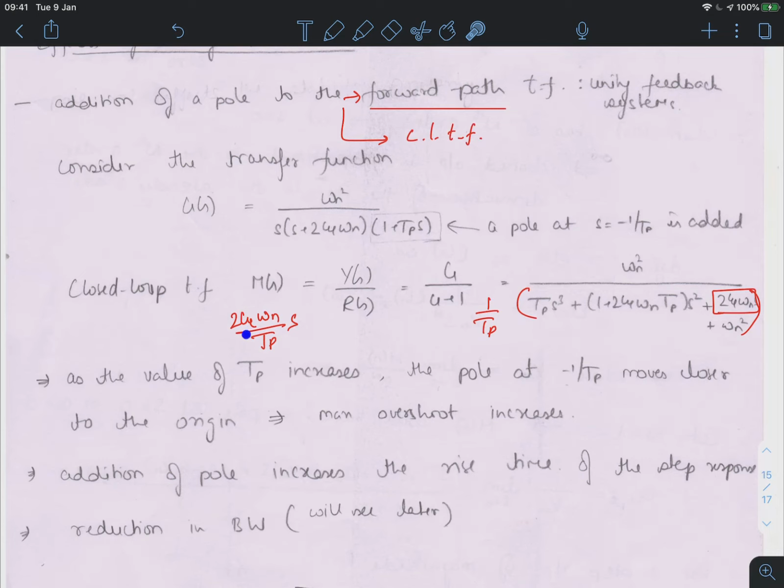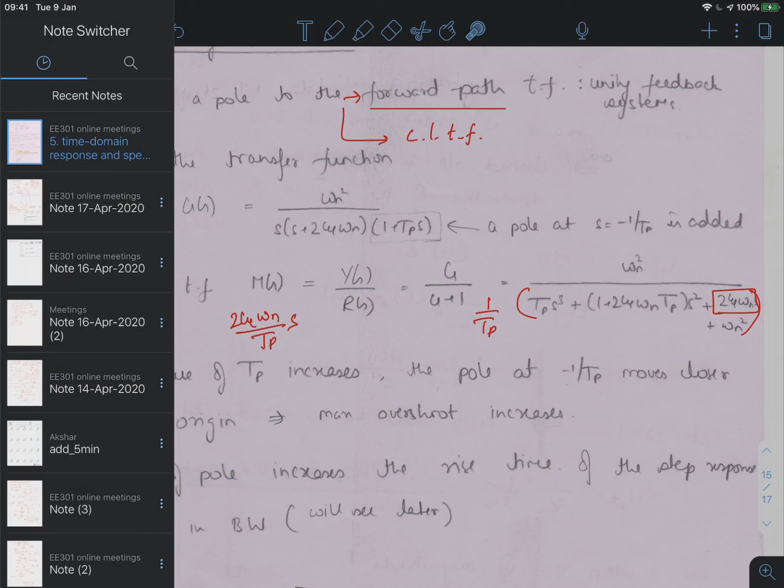Now, we had seen that as the damping decreases, the maximum overshoot increases. This is one of the responses we had seen earlier.